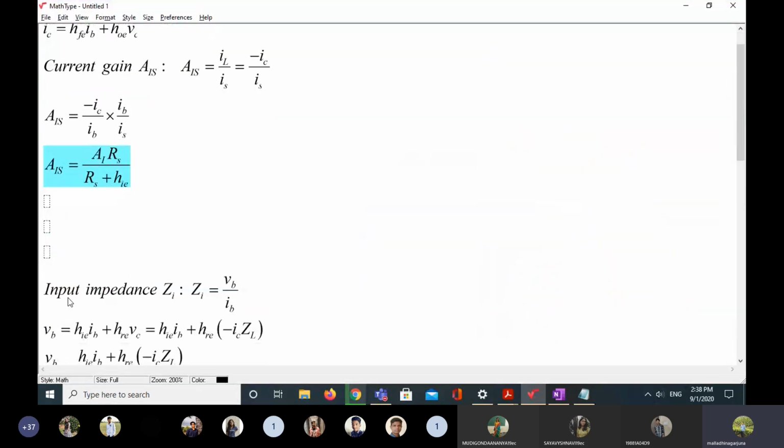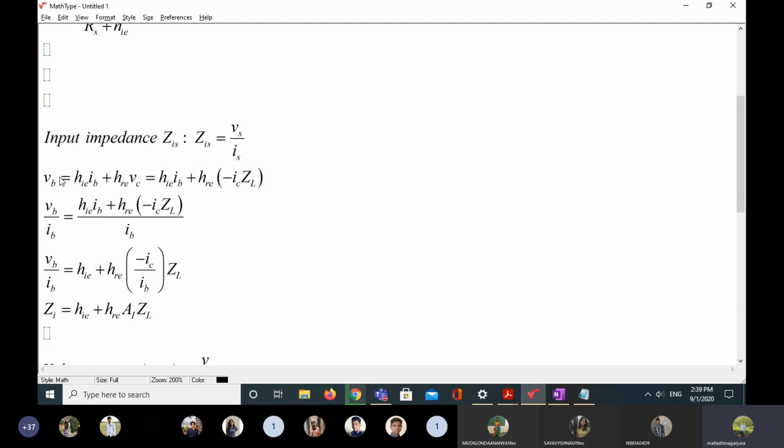Okay, the next one, input impedance. Input impedance with source resistance, ZIS, equals Vs by Is. We can use the same formula and derivations, or otherwise, without doing all those things, you can do one thing.